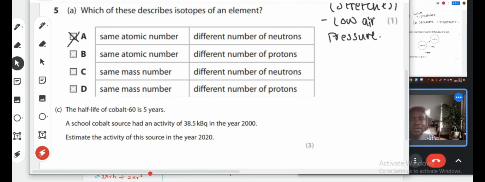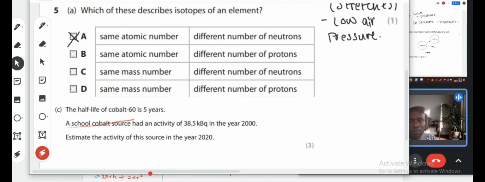I'm trying to remember, when we did radioactivity, if I mentioned activity, half-life and all that. I think we've done that, because this question is about radioactivity. It says the half-life of cobalt-60 is 5 years.